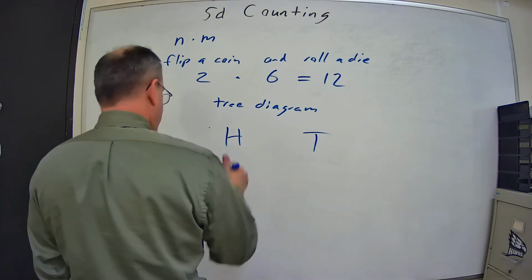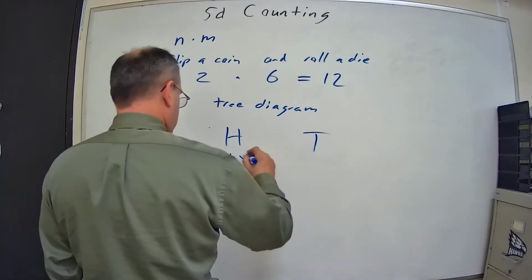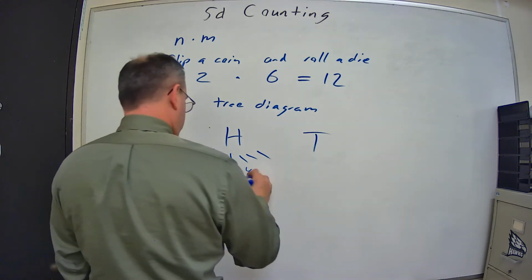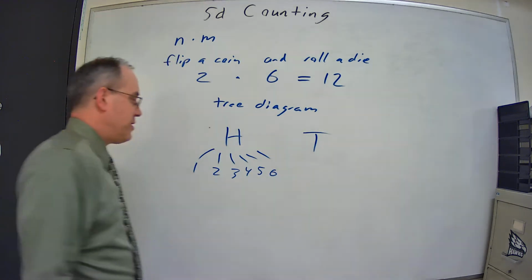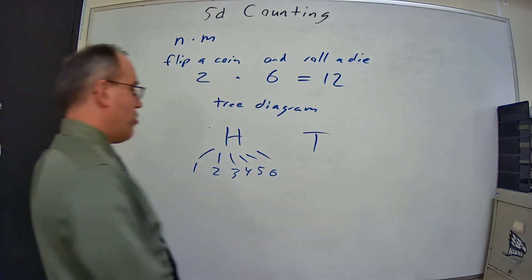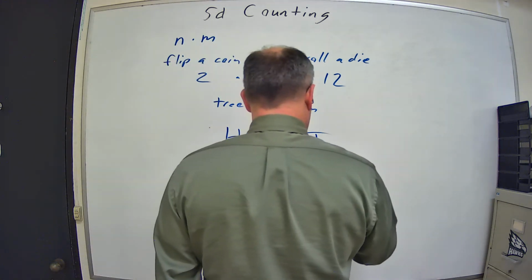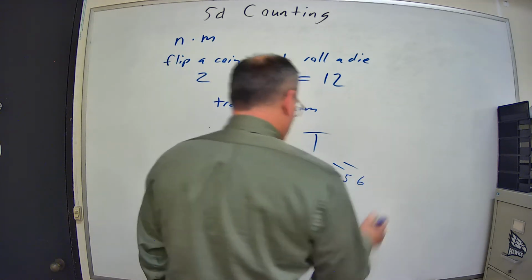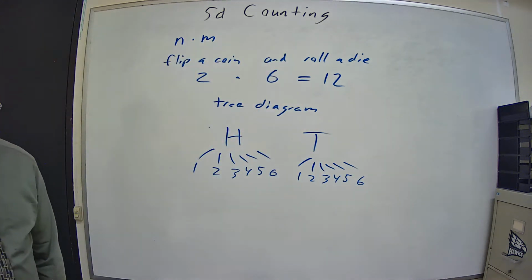Well, if I get heads, I can get a 1, a 2, a 3, a 4, a 5, or a 6 when I roll the die, or I get tails. I can get a 1, 2, 3, 4, 5, or 6 from that die.